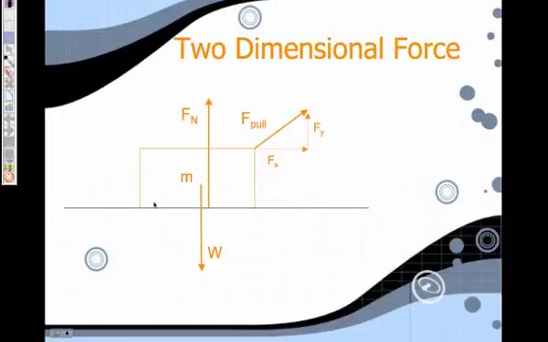Since we're on a horizontal surface, it is equal to the weight. We're pulling, or we could have a pushing force. We have F, and then we split it into a component of x, F of y. And so that would be our force diagram.